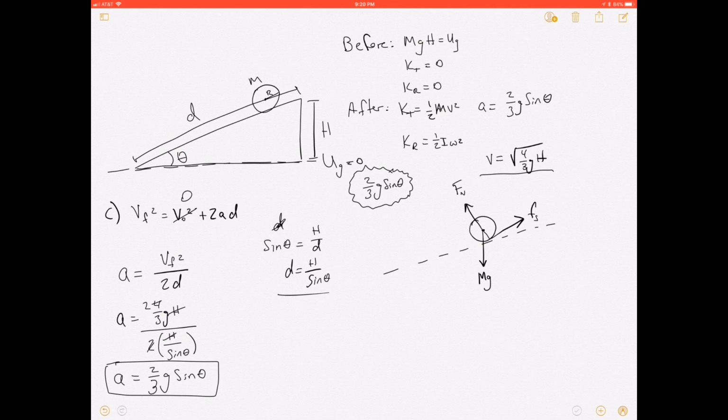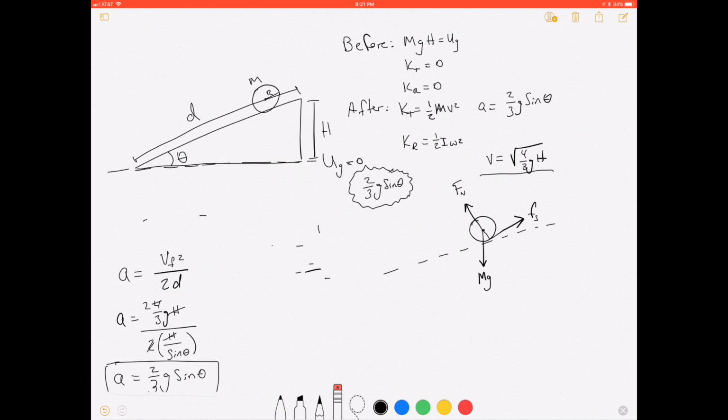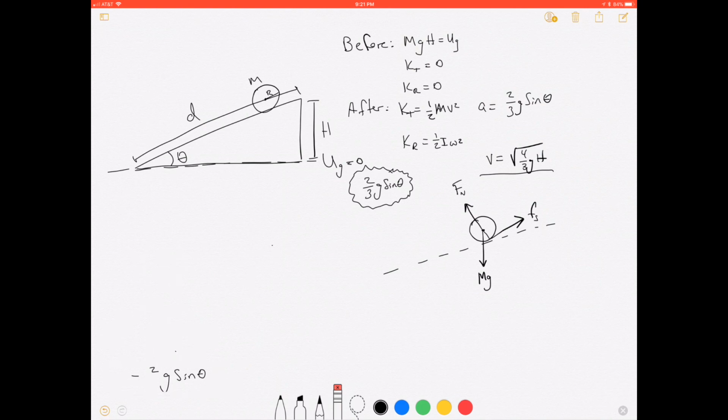And now, part D asks, determine the minimum coefficient of friction between the cylinder and the inclined plane that is required for the cylinder to roll without slipping. So for this part, we're going to want to use a sigma f statement because we're looking for mu, or the coefficient of friction.